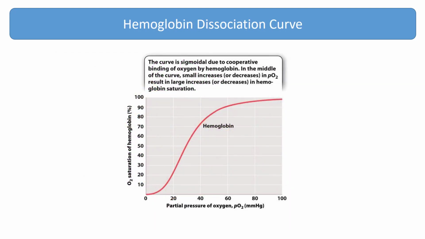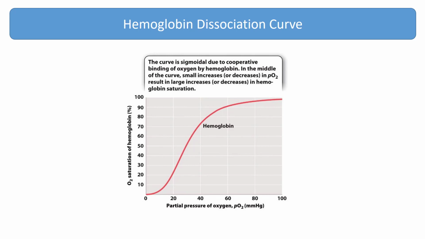The percentage of oxygen bound to hemoglobin is called hemoglobin saturation. If we plot the partial pressure of oxygen in the blood against the hemoglobin saturation, as we see here, we get the hemoglobin's oxygen dissociation curve, which has a sigmoidal shape.